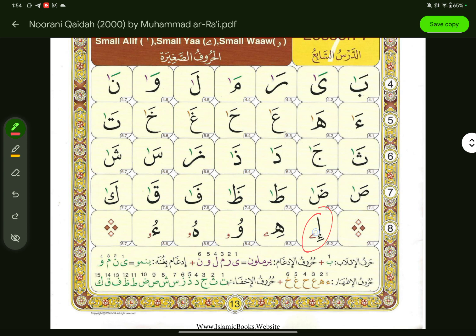This one here, a ya with a kasra: instead of just going i, because hamza with a kasra is i, it will be ii, right? This other one here, a hamza with a dhamma and a waw: instead of just being u, it will be oo.